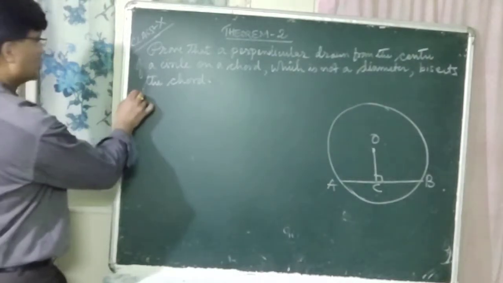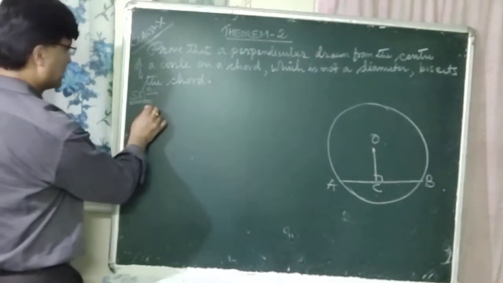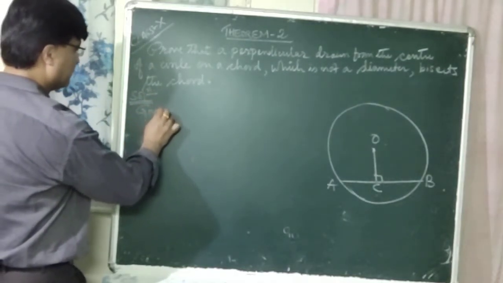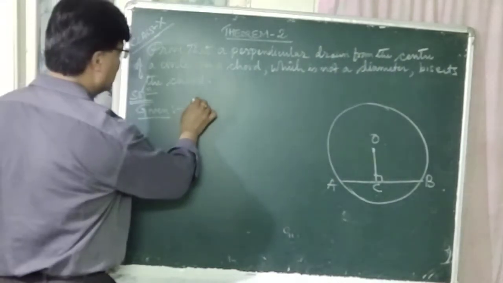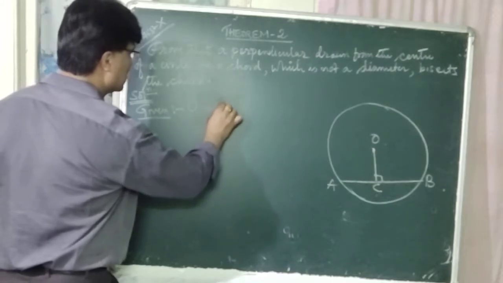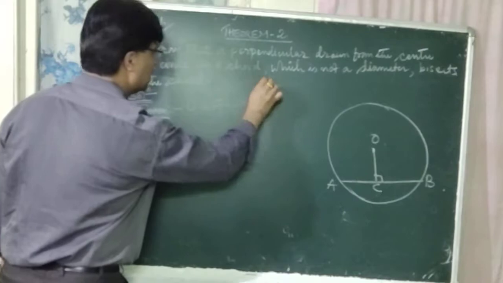Okay, so solution. So first of all, you have to write down the given part. So what is given here? O is the center of the circle.